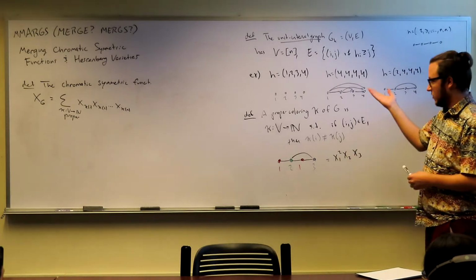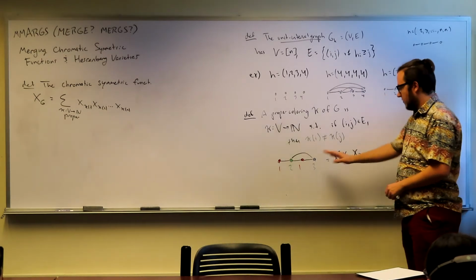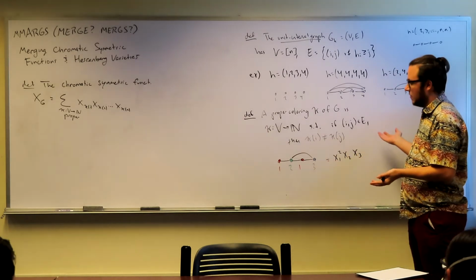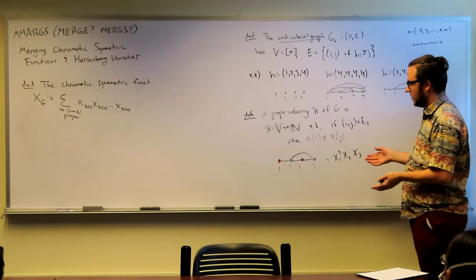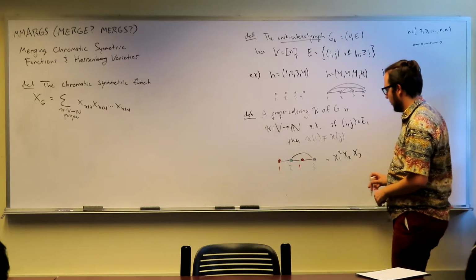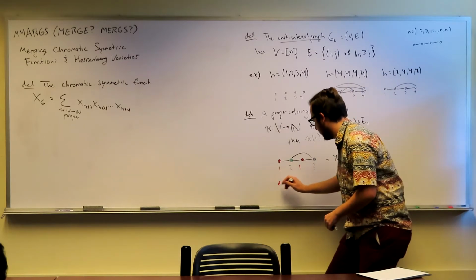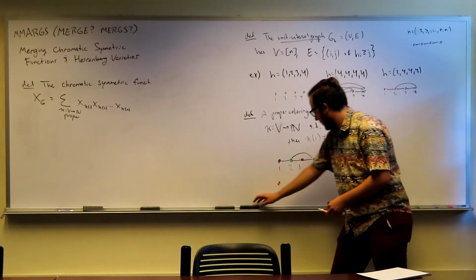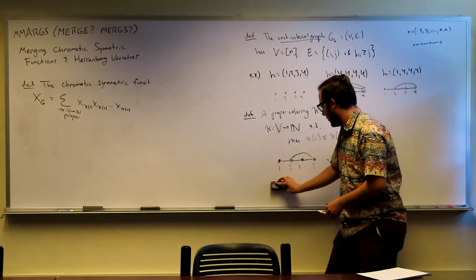Why is this a symmetric function? Well, for every coloring I have of the graph, I can switch 2 colors, and that doesn't make it an improper coloring anymore. Because if I was touching something bad before, I'm still touching something bad. So maybe let's switch 2 and 3. That's not useful. Let's switch 1 and 2.